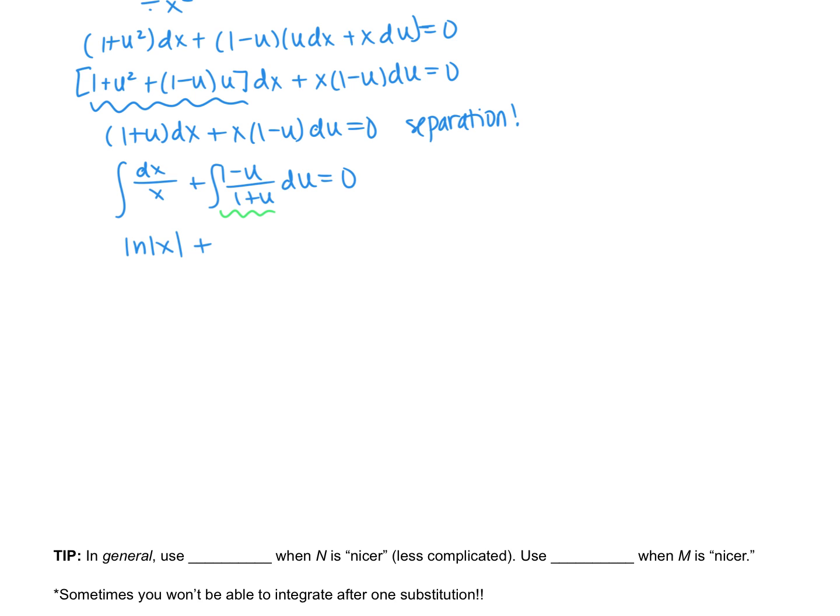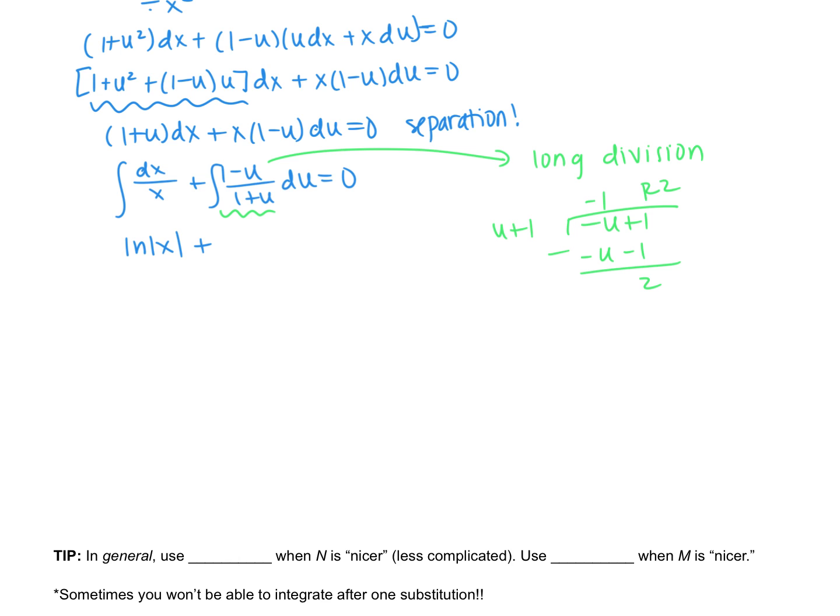And then I got to figure out how am I going to integrate this u term? Well, you're either going to have to do long division or synthetic division to simplify that fraction. So if I take negative u add 1 and I divide it by u add 1, I'm going to end up with a negative 1. So that's negative u subtract 1. If I subtract, I get 2.